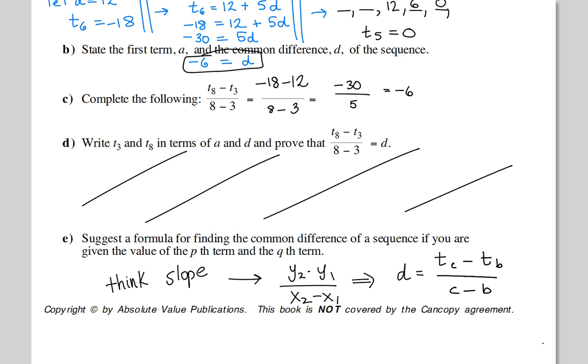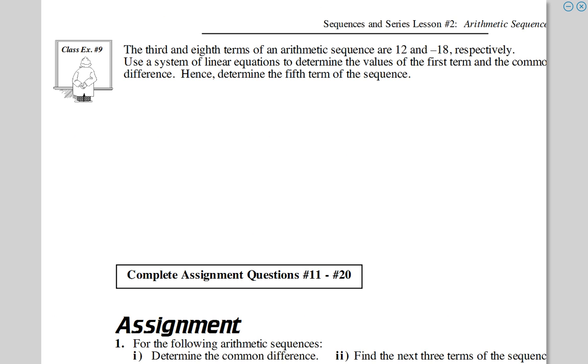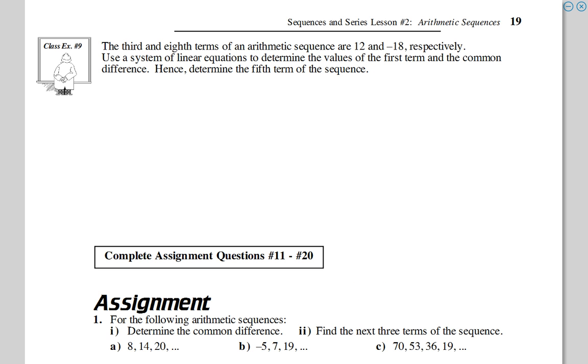Okay, and now we'll do the next question, which is identical, except we're just going to use a system of equations, which was the last unit in Math 10. So it might be fresh, might not be, I'm not sure. But we have the third and the eighth terms. So let's do T3. So it'll be A plus 3 minus 1D and T8, A plus 8 minus 1D.